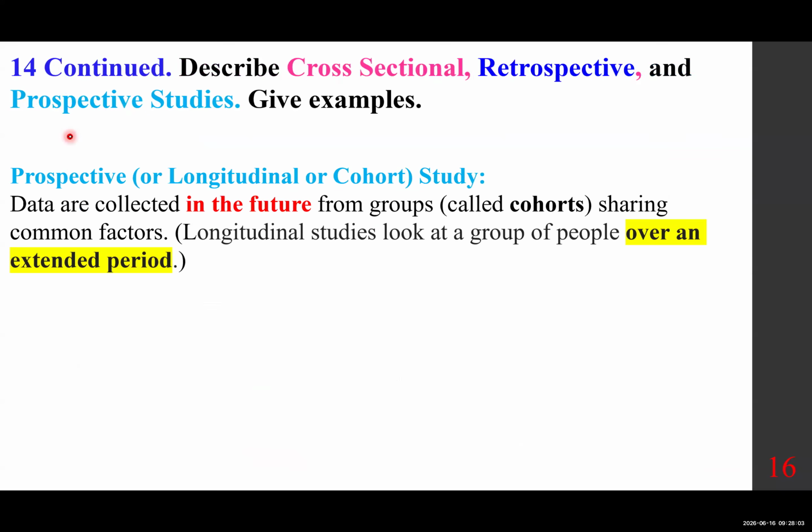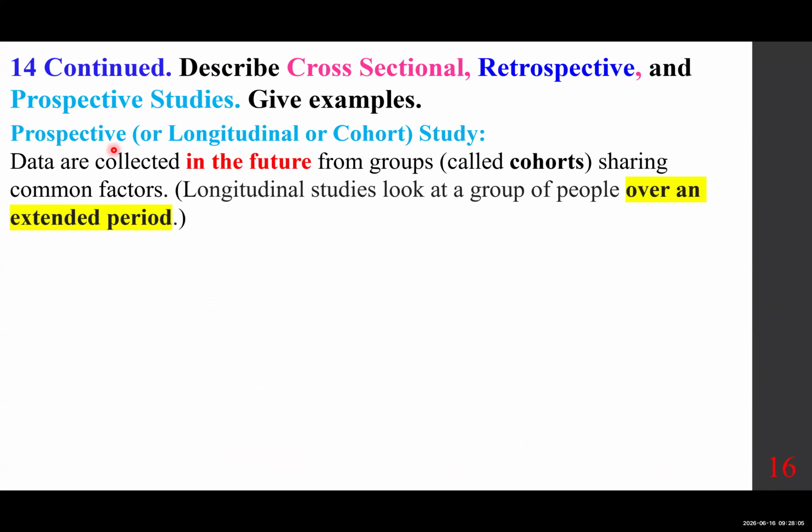Let's continue. Prospective or longitudinal or cohort study. Data are collected in the future from groups called cohorts, sharing common factors. Longitudinal studies look at a group of people over an extended period.